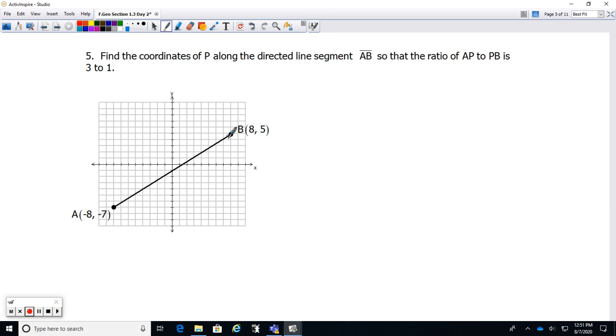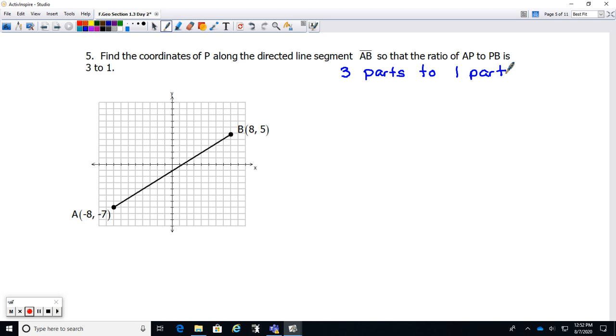So I've got to figure out where to place my point P so that it happens to be in the form of 3 to 1. So the first thing I'm going to do is make a little note here of 3 parts to 1 part. That was what they wanted me to do.